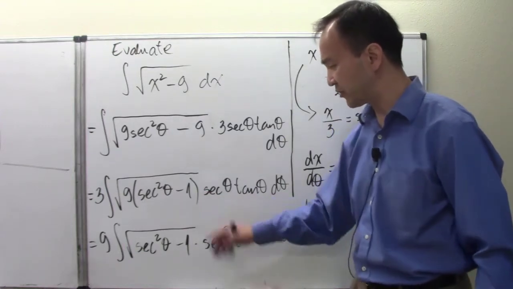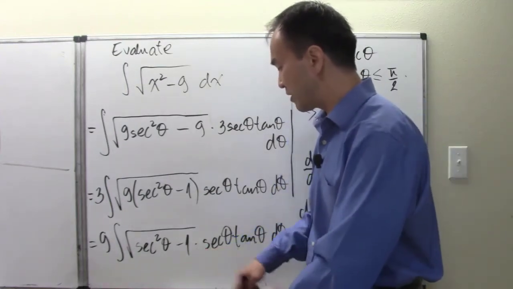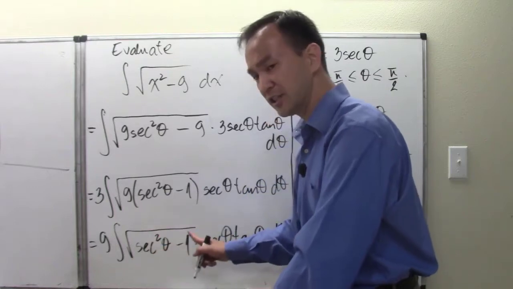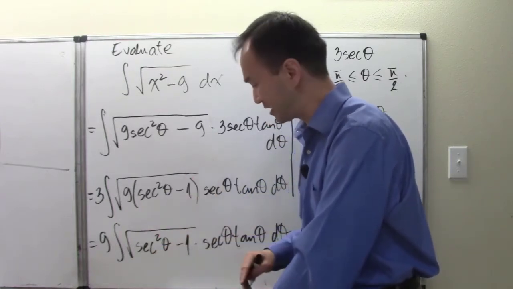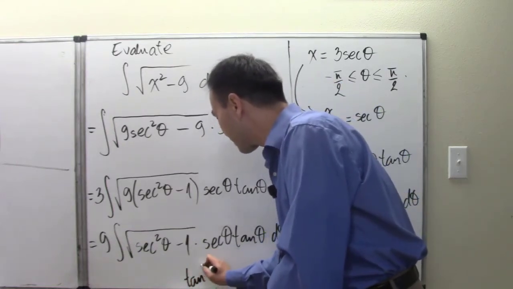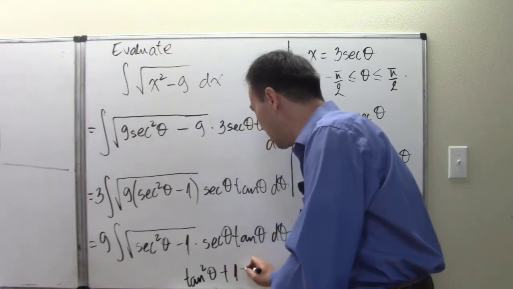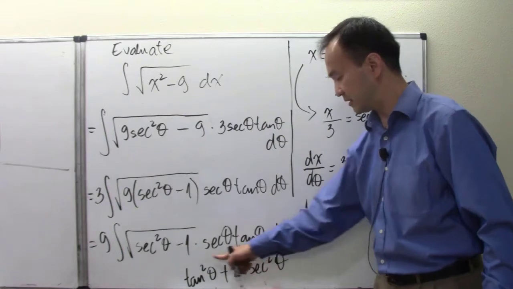So I don't need to jump over to my other board yet. As a reminder, see that identity I've been showing throughout the earlier cases, tangent square of theta plus 1 equals secant square. It's all due to that Pythagorean identity.